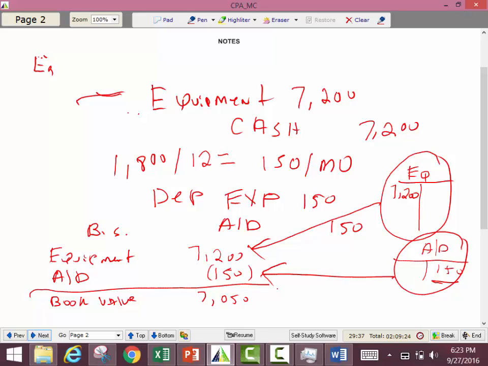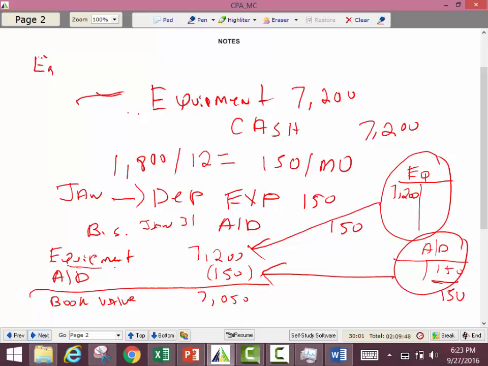So give me the depreciation entry for January of the next year. 150. Debit depreciation expense, credit accumulated depreciation 150, right? Yeah. Okay, now what do you want me to do? I post this 150 over here. Now help me prepare the balance sheet at January 31st of that next year.